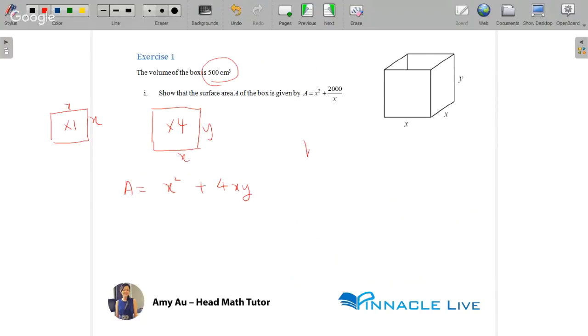We know that the volume of a box like this will be x squared y, so x times x times y. This has to equal 500 according to the information. That means if you make y the subject, y equals 500 on x squared. Easy, right? So now we put this back into here.